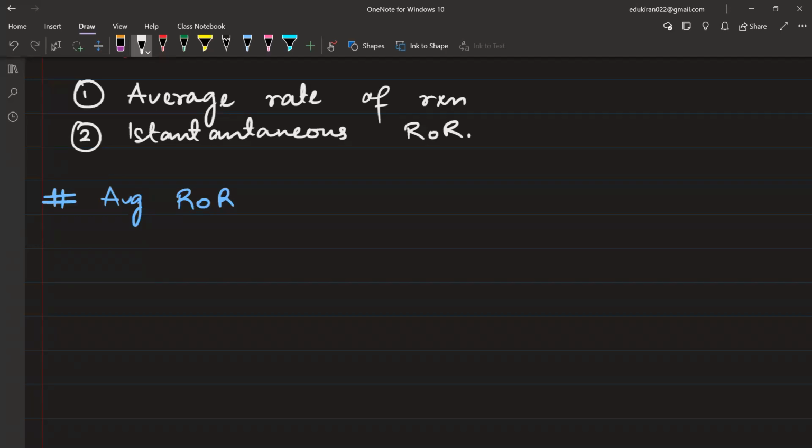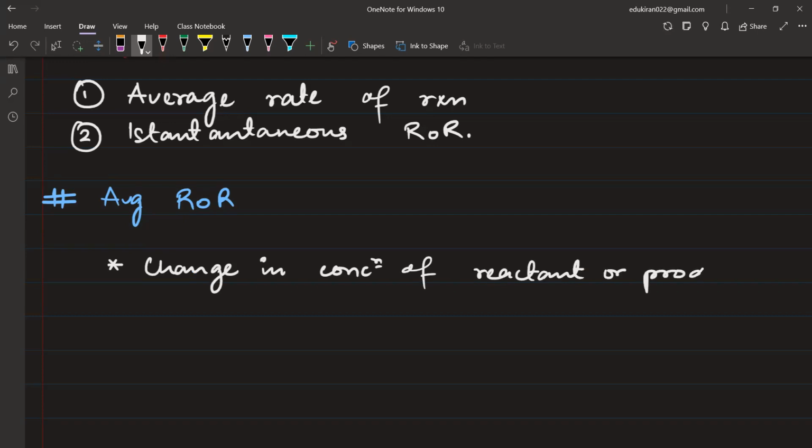Please write how it is defined. Change in concentration of reactant or product in a fixed interval of time.